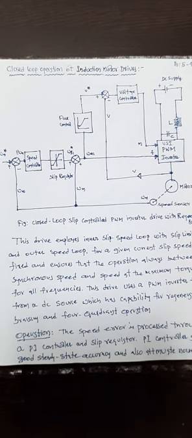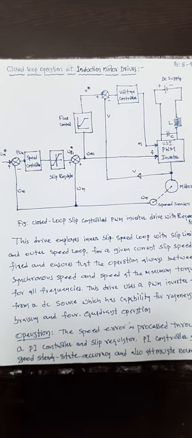So the speed control we already studied so far: one is stator side control through stator voltage as well as stator frequency control. Stator frequency control is also roughly called the V by F control method. Why is frequency control studied?